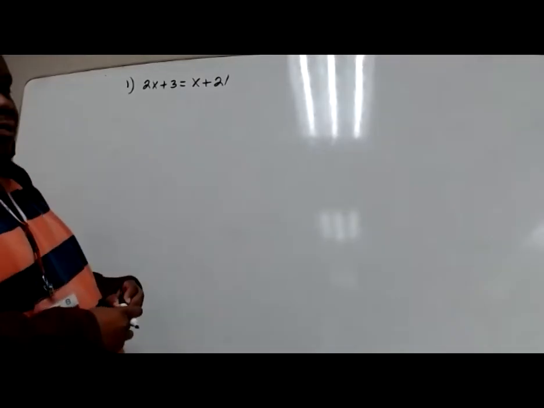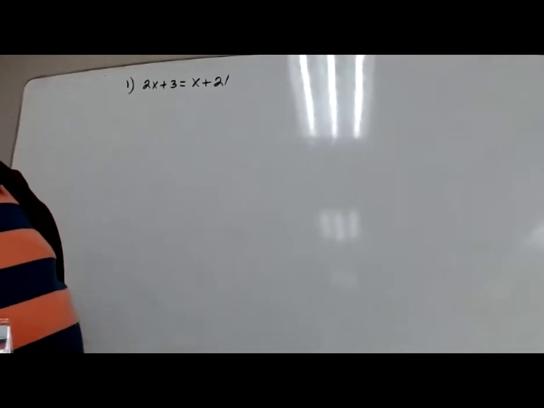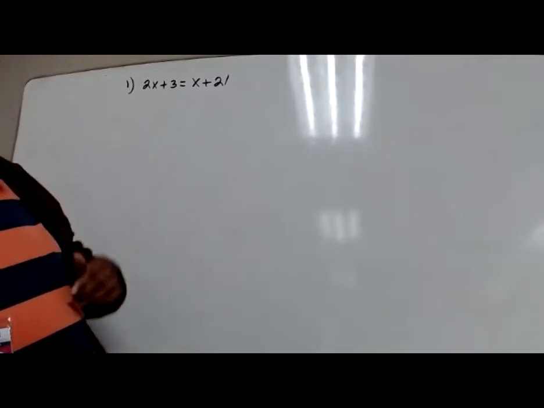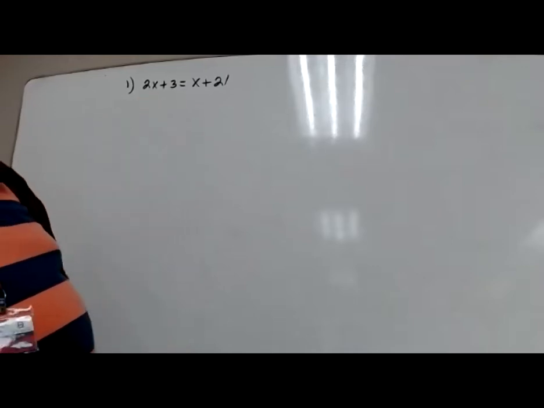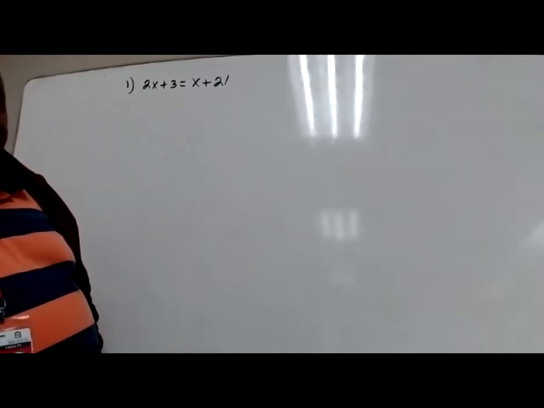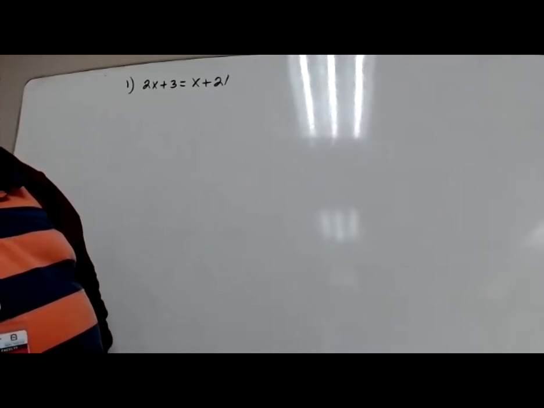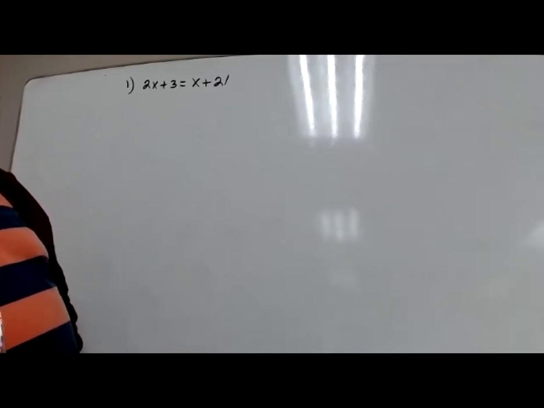Let's say I want to solve that equation for x. Notice with these linear equations, you may have variables on both sides of the equation. So the first thing you have to do is try to get all the variables on one side of the equation and then move the constant terms over to the other side.